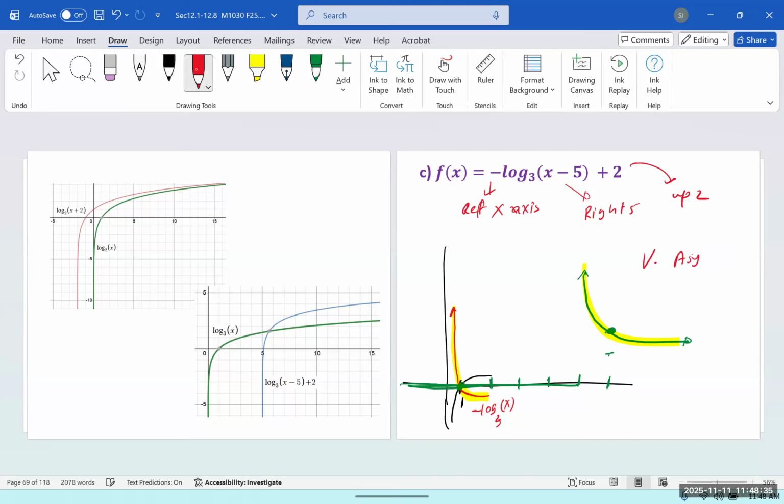Vertical asymptote, x equals 5. So this is x equals 5, 1, 2, 3, 4, 5. So this is the line you cannot cross. And your domain, infinity.